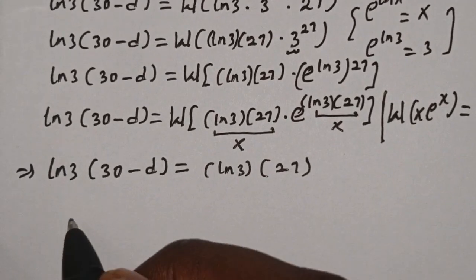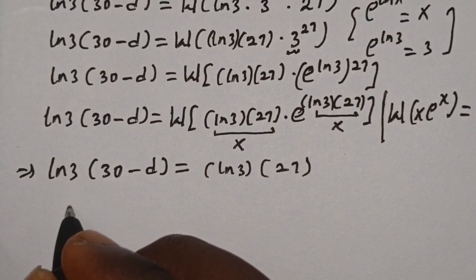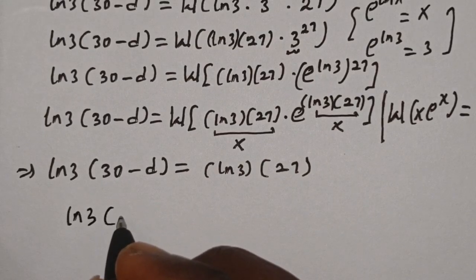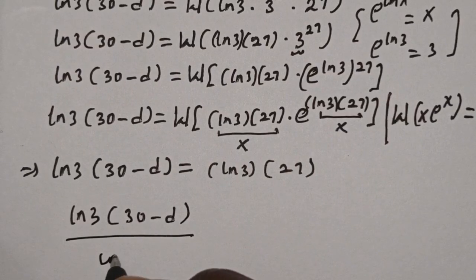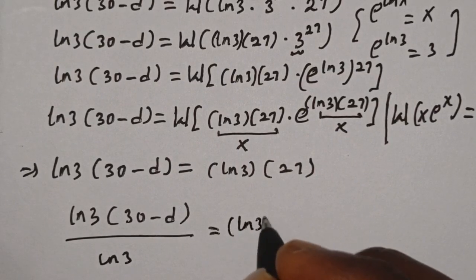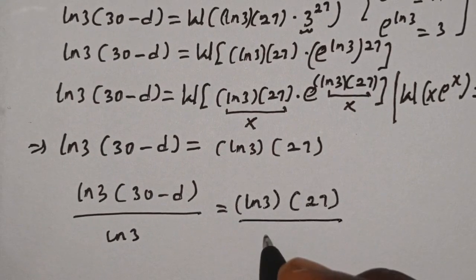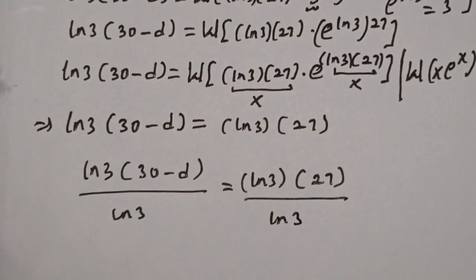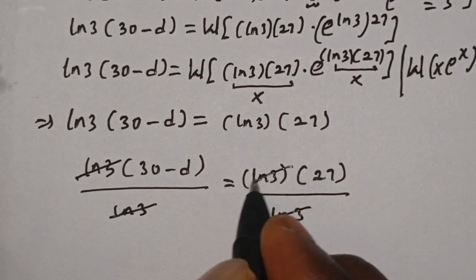Let's continue. Suppose we divide both sides by ln 3. That will be ln 3 into 30 minus d divided by ln 3 is equal to ln 3 times 27 divided by ln 3. Clearly, ln 3 cancels ln 3.